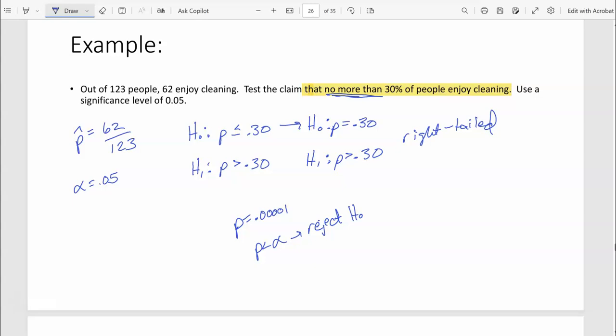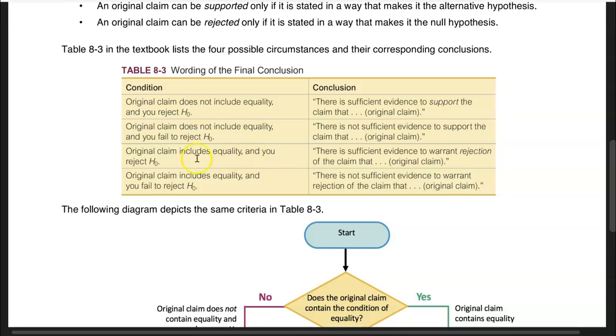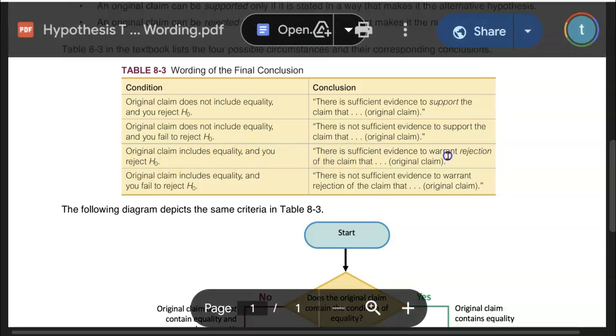So we have to be careful how we phrase this. The original claim has an equality, and we're going to reject H naught. This is how we're going to phrase it.